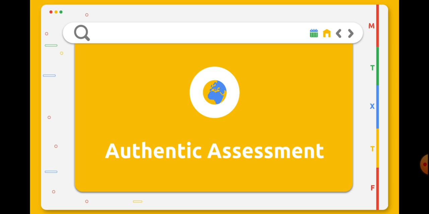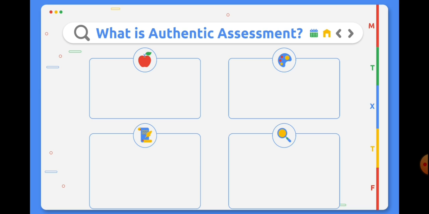Now we come to the last part of the lesson regarding authentic assessment. What is authentic assessment? Here I share some definitions proposed by some practitioners and researchers.